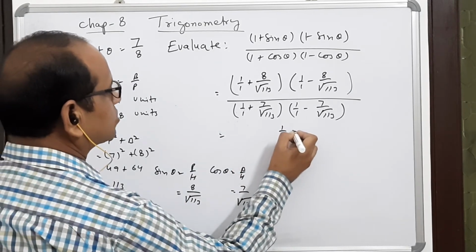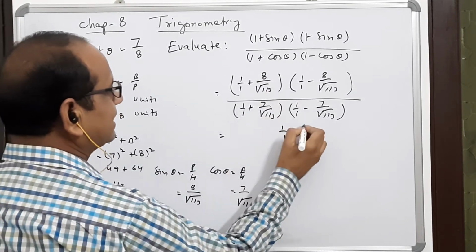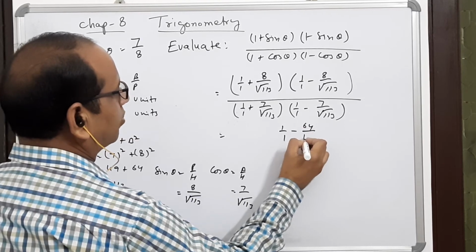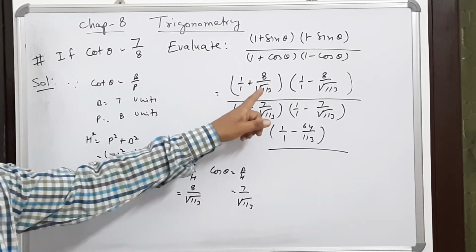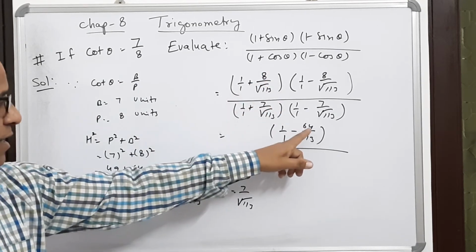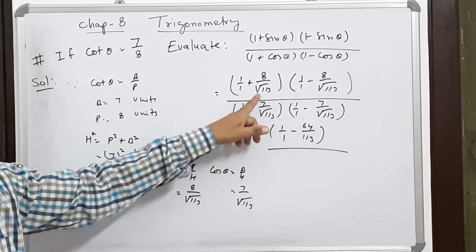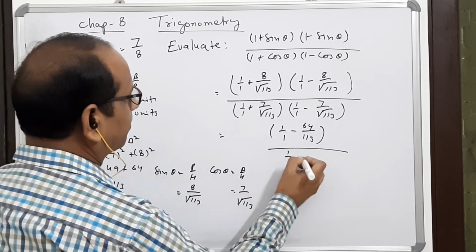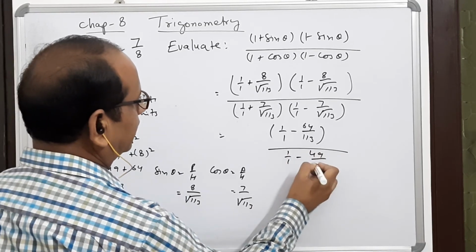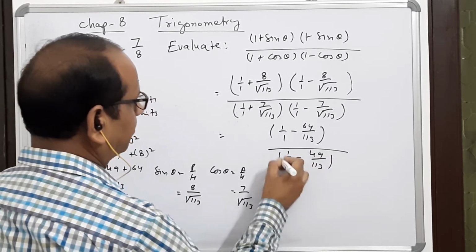So it is 1 minus 64 upon 113. Please see this part. 8 square is 64 and root 113 square, the root will not be there now. Similarly, it is 1 minus 49 upon 113.